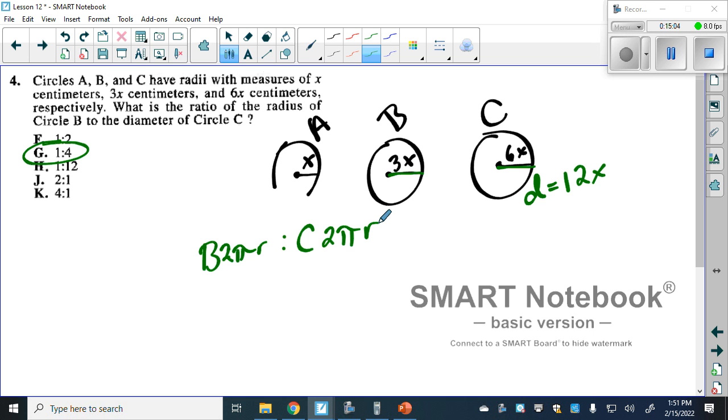But in both of these formulas, what is the exact same? 2 pi, yes? So really, I'm just comparing the radius of B, which is x, compared to 2x. Because when we compare circumference to circumference, it's really just comparing the units.